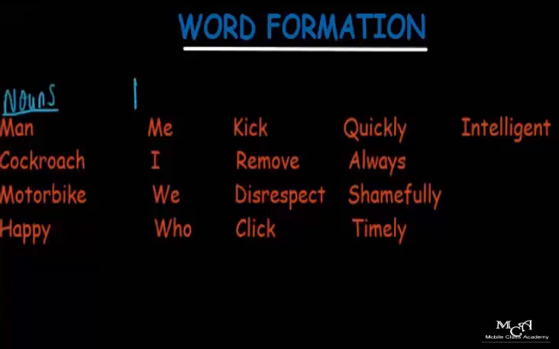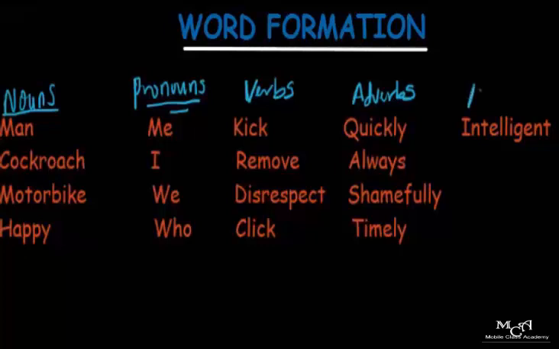You will say these are pronouns. You will say these are what? Verbs, right? And you will say these are what? Adverbs. You might likely say this one is an adjective. You will say these are nouns, these are pronouns.